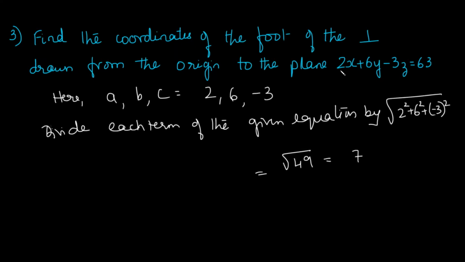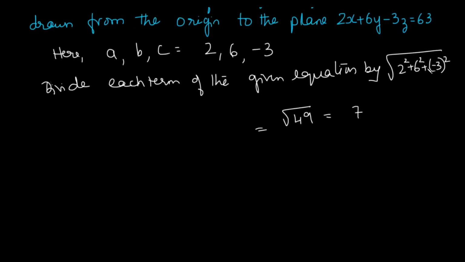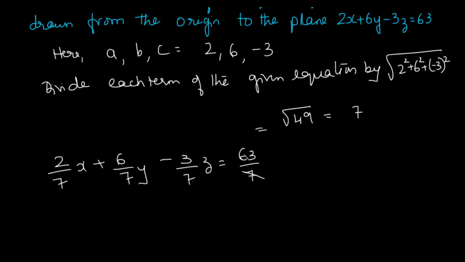So we divide each term of this equation by 7, and thus we get 2 upon 7x plus 6 upon 7y minus 3 upon 7z is equal to 63 upon 7, and that is 9 actually. So this is the normal form of the Cartesian equation of the plane.